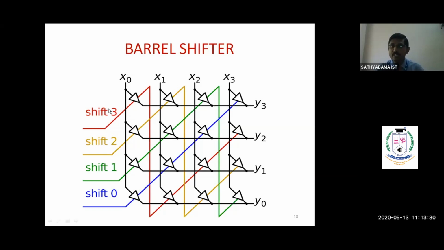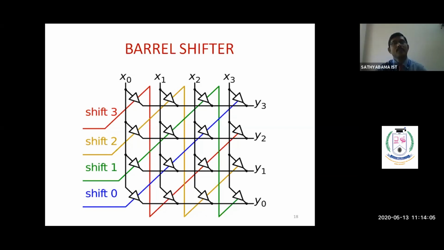Similarly, we can also perform 3-bit shifting. 3-bit shifting means this X0 value is directly connected to Y3. Then similarly, the X1 value is coming to Y0, the X2 value is coming to Y1 and the X3 value is coming to Y2. So through this diagonal it is connected. Therefore, for shift 3, these diagonal transistors are getting activated. So through this barrel shifter, we can shift 1 bit, 2 bits or any number of bits we can design. I mean we can shift based on how we are designing the architecture.